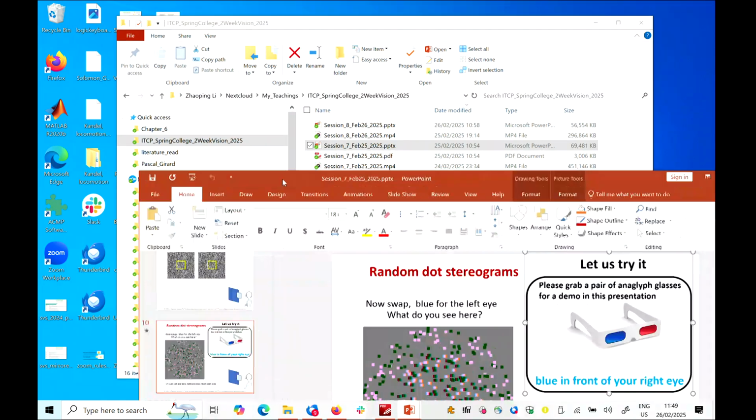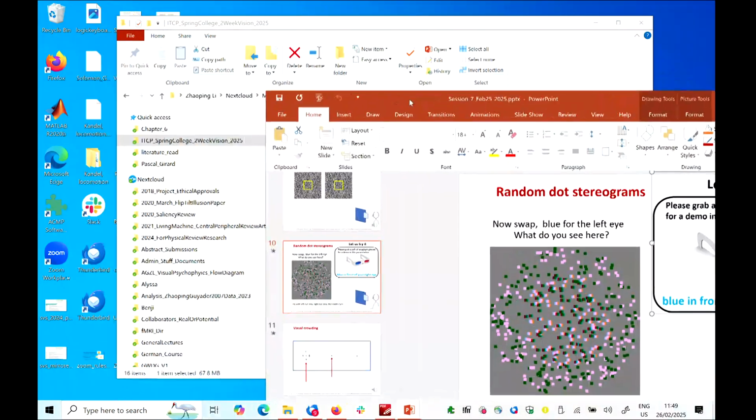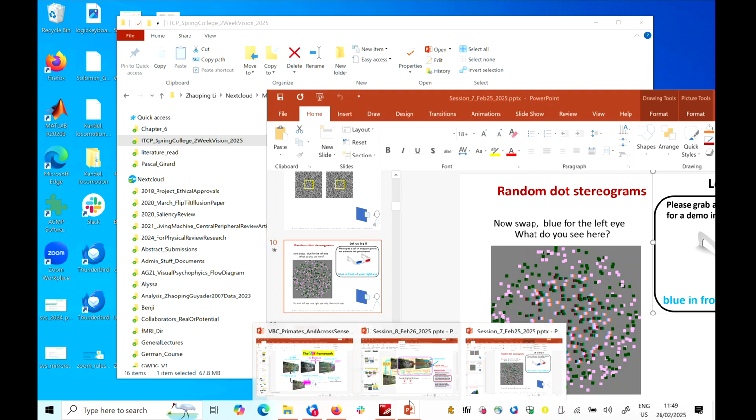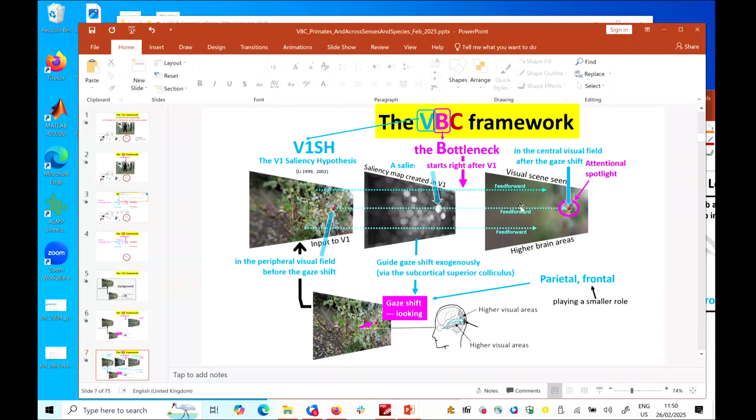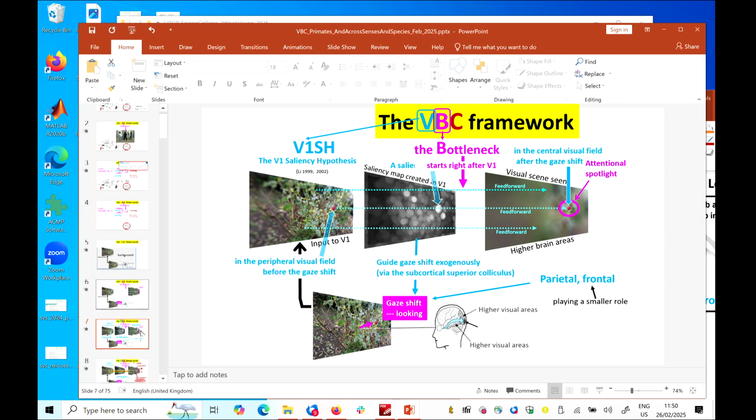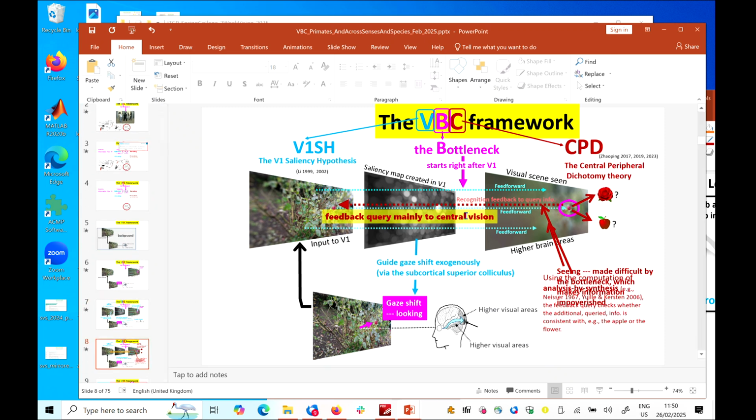So the idea is then people say, are you sure this is the whole thing? The idea is that central vision sends feedback to overcome the illusion, yeah? Let's go back. I say, well, there could be another theory. Central vision has higher resolution. That's why it's not fooled by misleading input.